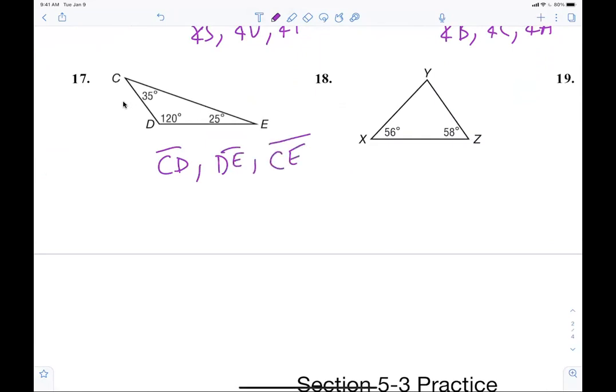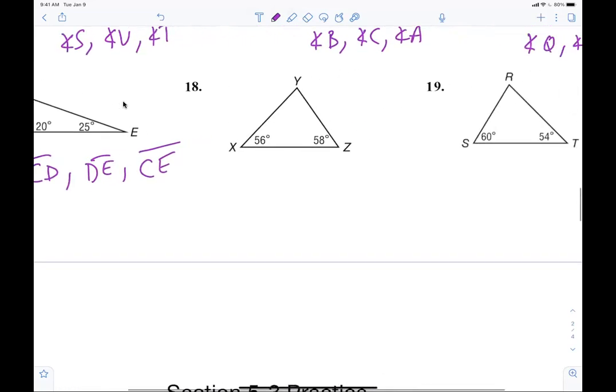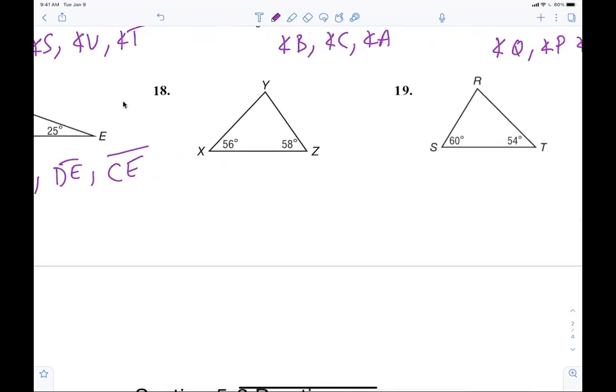And you know, it's kind of funny on the test, you just name those, right? If you can't tell me which one's the largest, you agree we're in a little bit of trouble here, right? You don't need a theorem is what I'm trying to say to tell you that. All right, James, finish this off. YZ, XY, and XZ.